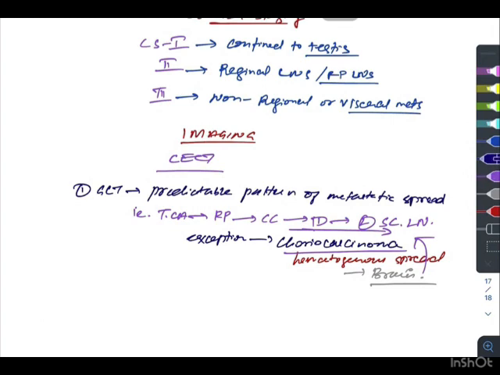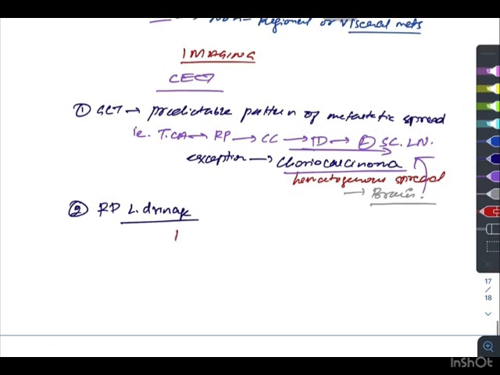The second thing we want to know is the pattern of lymphatic drainage in the retroperitoneum. The retroperitoneal lymphatic drainage is from right to left. Here I will put a diagram so that you can follow it very easily.